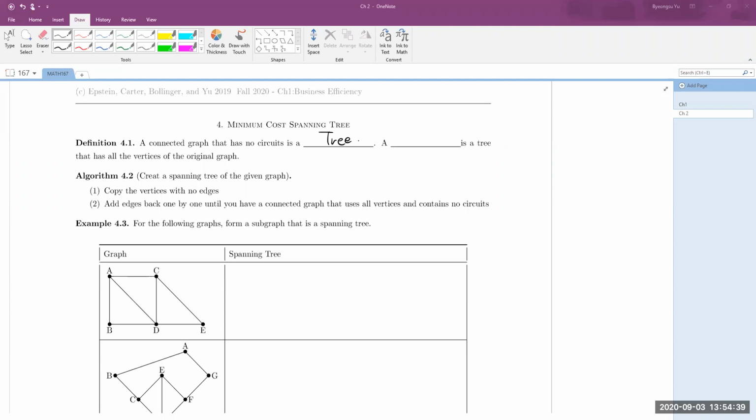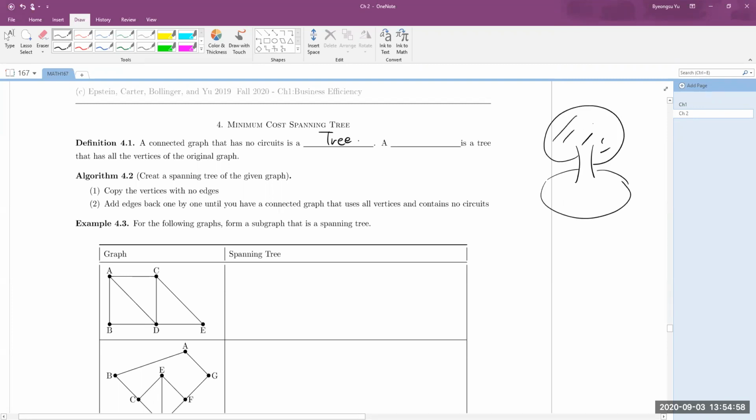So in the minimum cost spanning tree, a connected graph that has no circuit is called a tree, and this is kind of a similarity to an actual tree. I'm not good at drawing, but if you think about a tree, it has roots, edges, and branches.